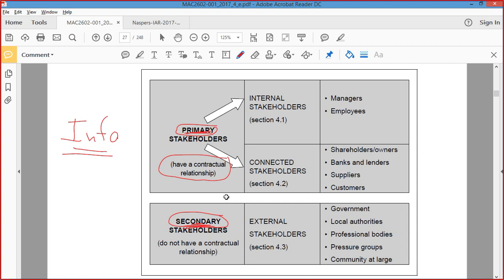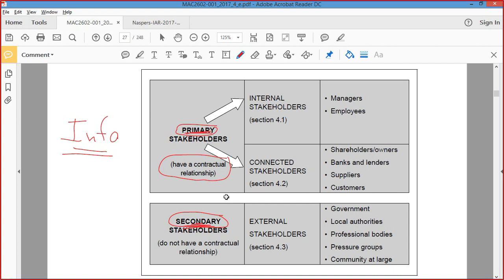So, for example, if we're talking about an analogy, a secondary stakeholder would be someone sitting around the pool. A primary stakeholder would be someone actually swimming in the pool. If someone splashes in the pool and you're outside, you can still get wet, but it's not really going to affect you. You're not going to drown.